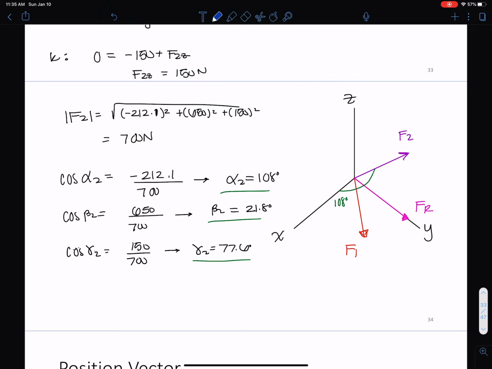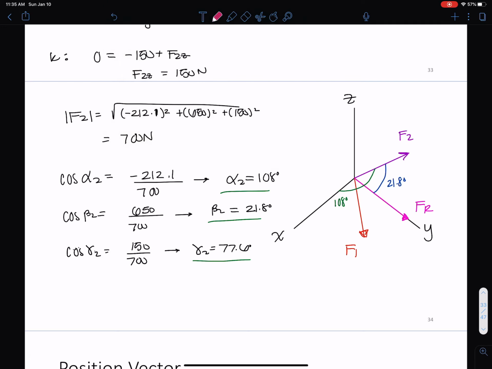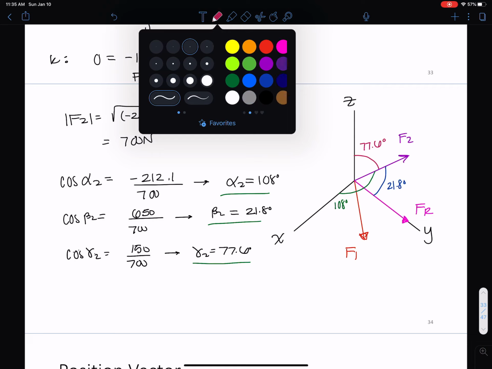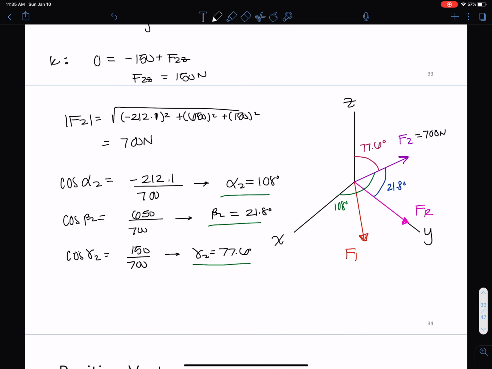This is measured from the y-axis, so 21.8 degrees. And our last one, measured from the z, is our gamma 2, which is 77.6 degrees. Okay, and of course our magnitude of that is 700 newtons, and that's it.